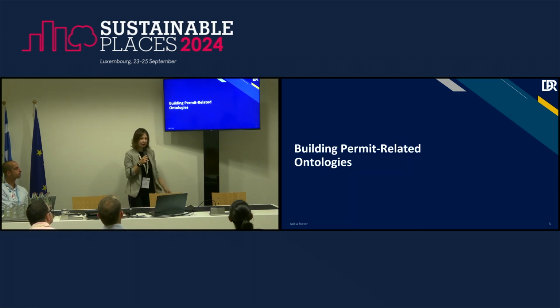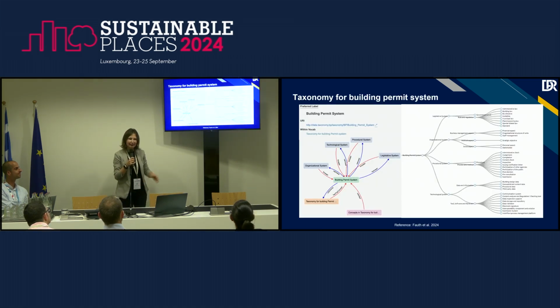And for the ontology work I have been involved in, the ontology development, not the alignment yet, we developed a taxonomy for a building permit system, which is more or less the same intention as what the BDTA has, because we don't speak the same language. We have so many stakeholders within our domain, and we maybe even do not understand each other.